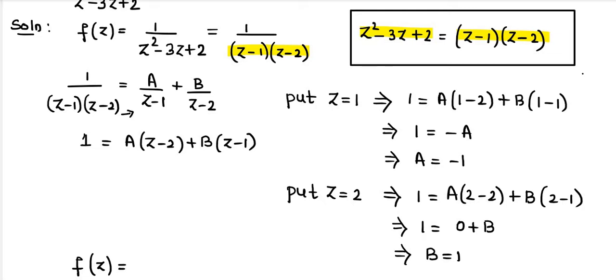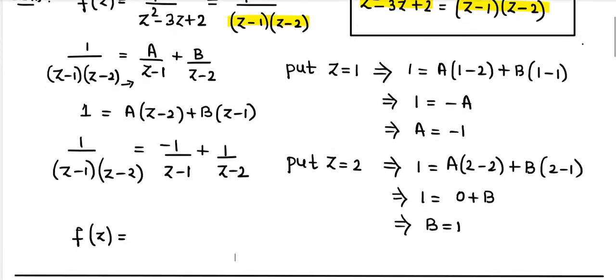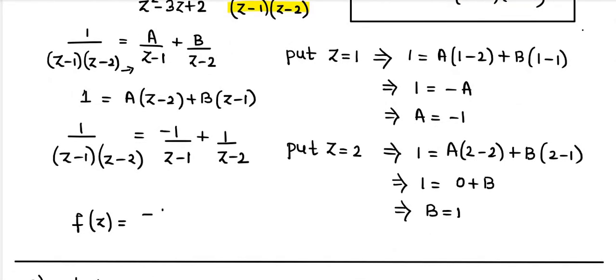Replace the values of a and b in this function. So 1 by z minus 1 is nothing but the value of a is minus 1, the value of b is 1. Thus we have got the function. Our function is changed to minus 1 by z minus 1 plus 1 by z minus 2.